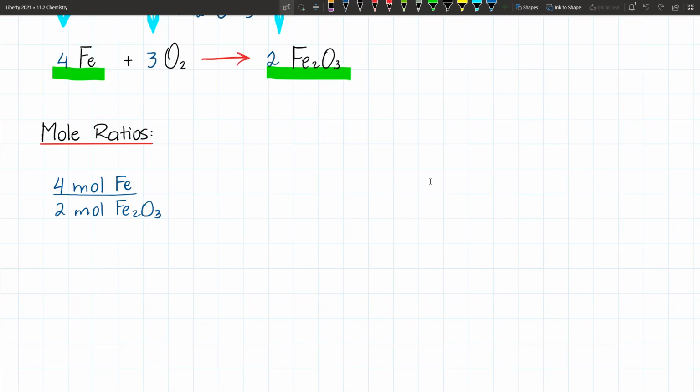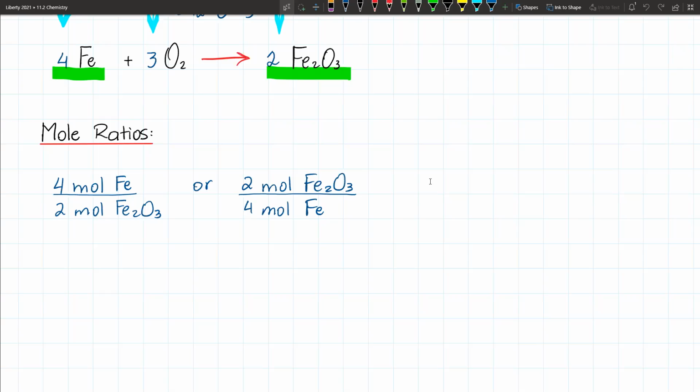Or I can just flip the fraction and write 2 moles of iron trioxide are produced when 4 moles of iron take part in the reaction. That's one relationship that you can say.